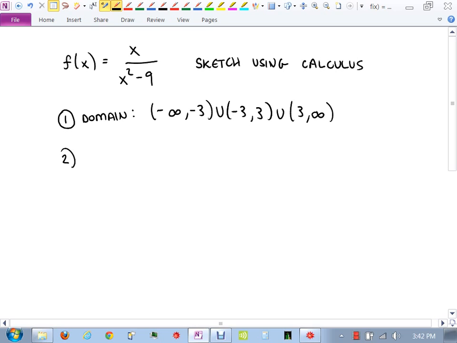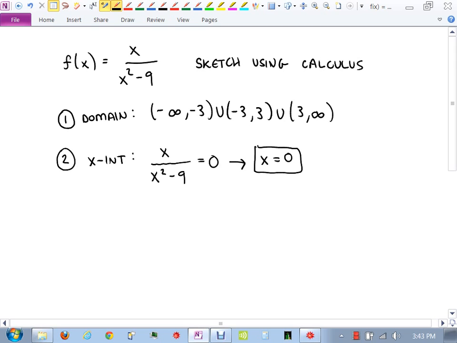Second step, x-intercepts. How do you find the x-intercepts of a function? You take it and you set it to 0. But our function is a fraction, so you only have to set what to 0? The top. And if you set x equal to 0, holy crap, it's already there. X is 0.